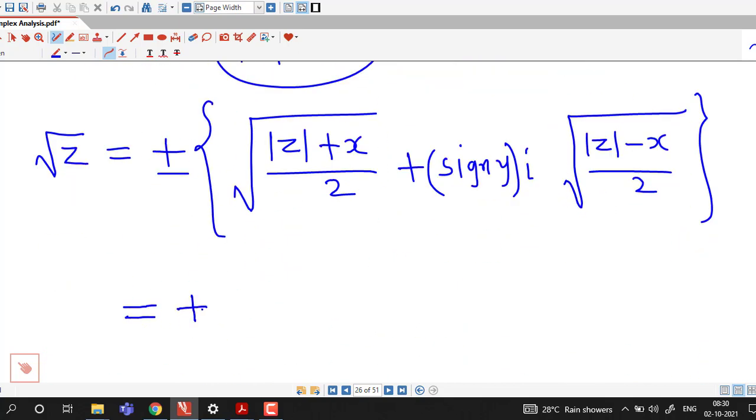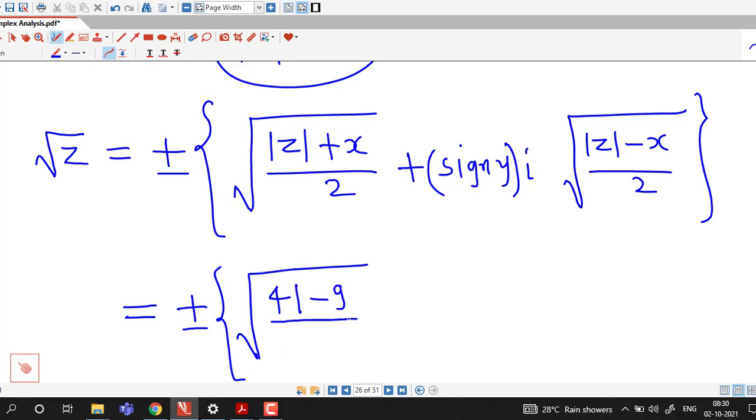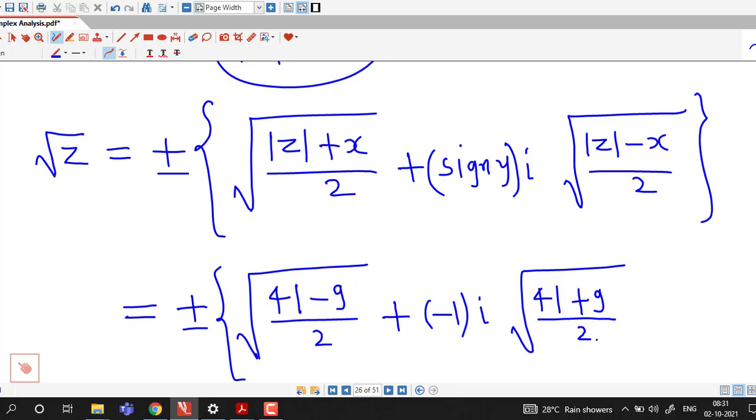So this is equal to plus or minus, in the bracket, the absolute value of z, which is 41, the value of x is minus 9, divided by 2, sign y is minus 1 times i. Mod z is 41 and x is minus 9, so minus of minus 9 is plus 9, divided by 2.